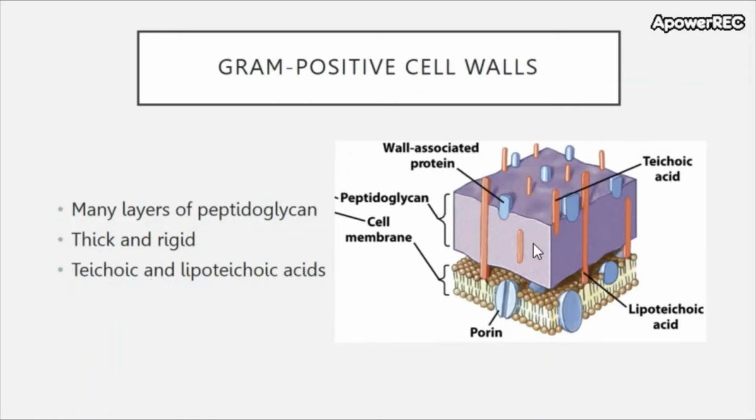Teichoic acids are only cell wall deep, whereas lipoteichoic acids, as you can see, penetrate all the way down into the plasma membrane, also known as the inner membrane. Gram-positive cell walls are shown here having porins, but gram-negative bacterium also have porins, and all these are channels to allow for molecules to go in and out of the cell.